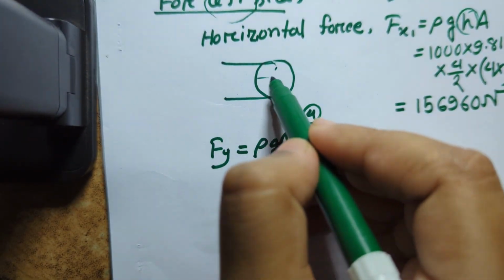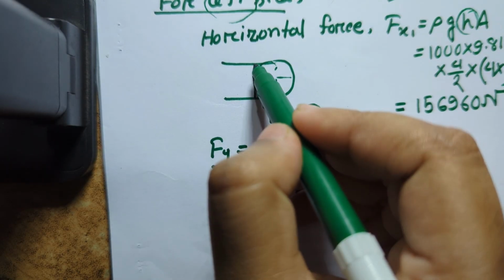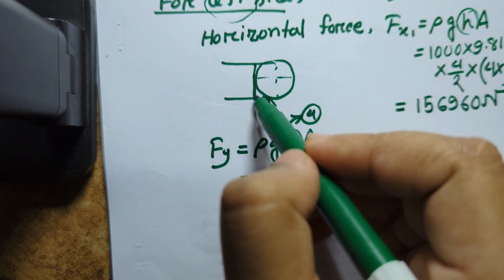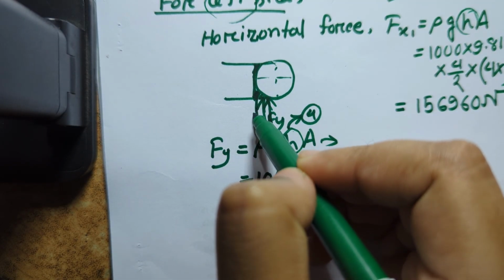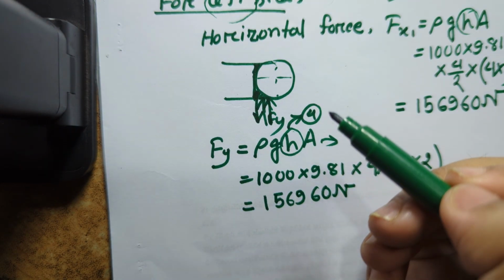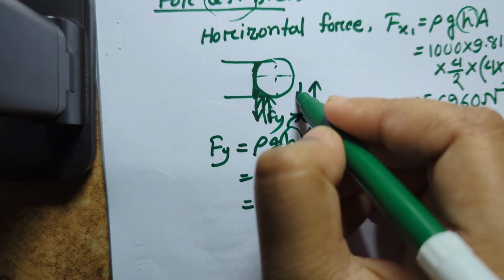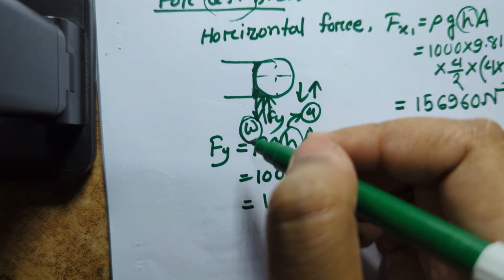But here we have to consider the weight of the cylindrical gate. We took this portion, here the vertical force Fy works. But the weight of this water and this water acts downward on the cylindrical gate. So they are in the opposite direction, this W. So we will also count this weight force.